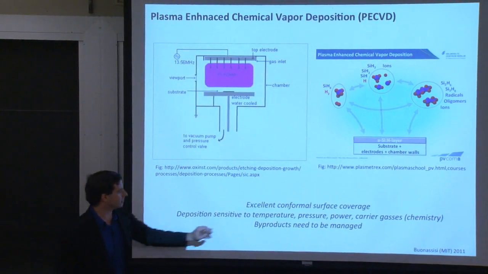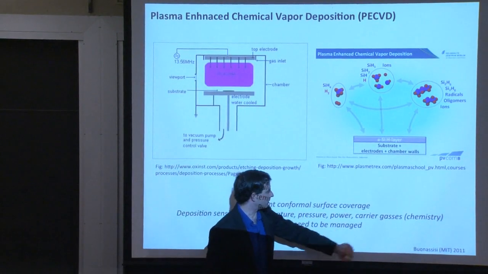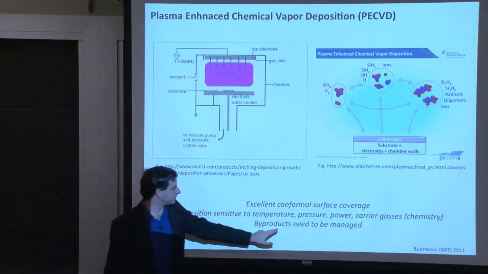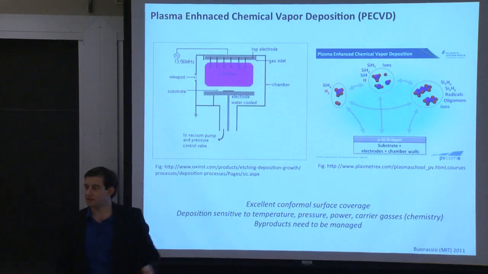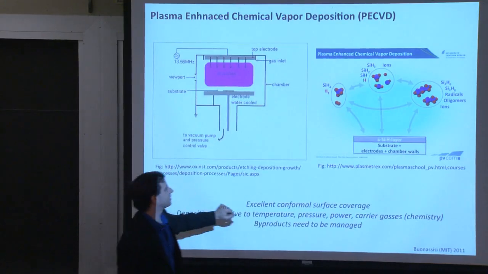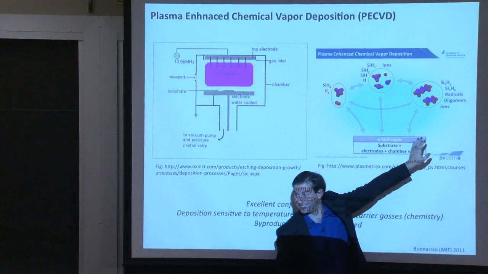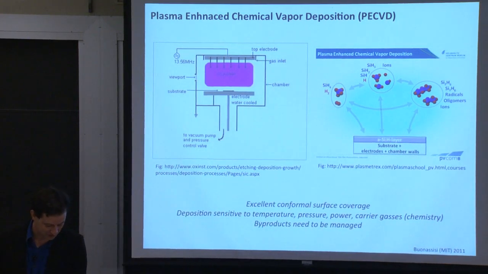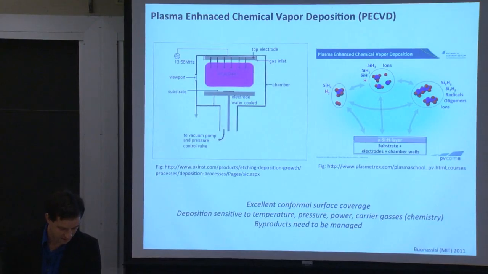The deposition is very sensitive to temperature, pressure, power, and carrier gases, as shown here as well. And the byproducts as well need to be managed, because sometimes you're sucking out, in this particular case, you could be pulling out silane, as shown right there. And we talked about all of the risks involved with silane in our last class.